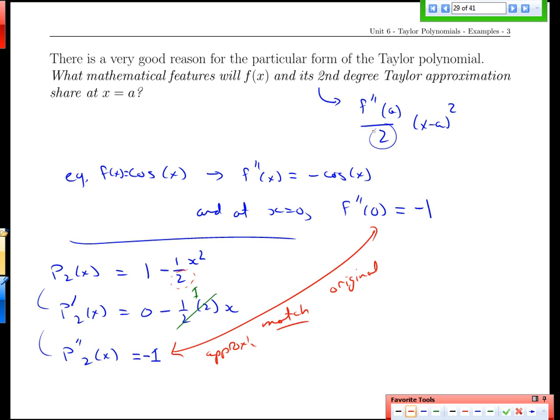If we didn't have this half, our second derivative would have been negative 2 for our approximation, whereas the second derivative of our original would have been negative 1.